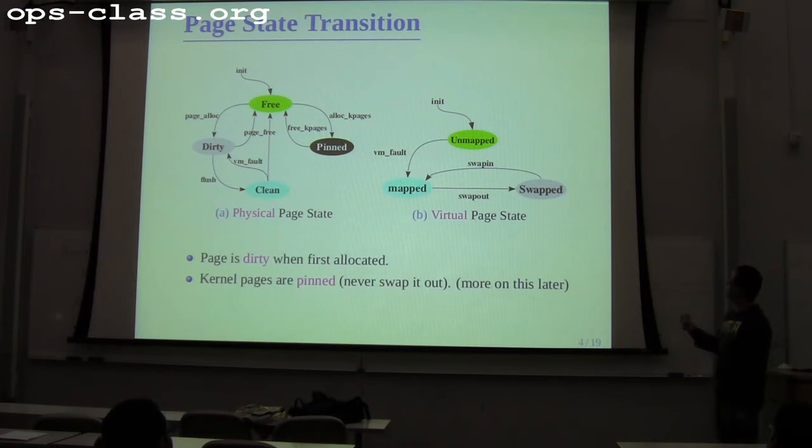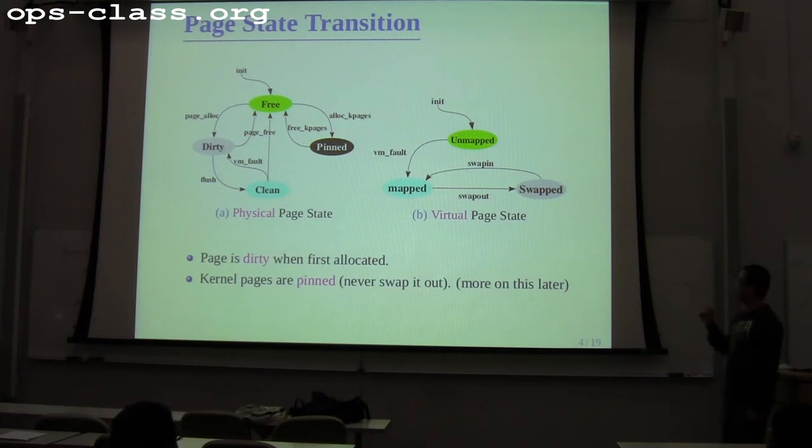Then the user starts executing, touches some virtual address, triggers a page fault, and you allocate pages. At that time, that virtual page has a corresponding physical page in memory. We say that virtual page is mapped. Later on, if you choose to swap out that underlying physical page, you need to mark that virtual page as swapped.